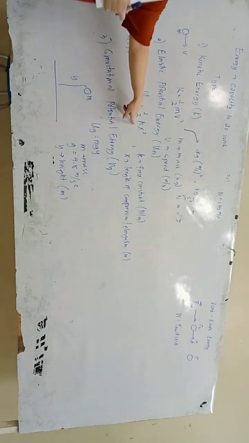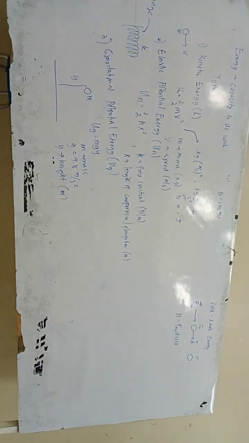The force constant k depends on the material used to build the spring. The force constant of plastic is different from that of metal. So this is the elastic potential energy stored in a spring: 1/2 kx squared.